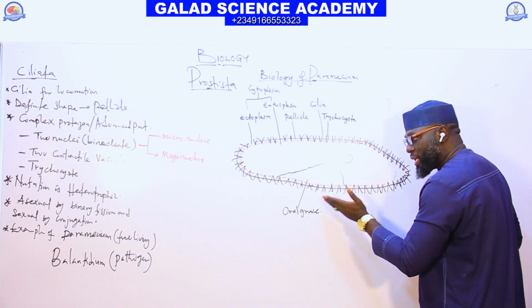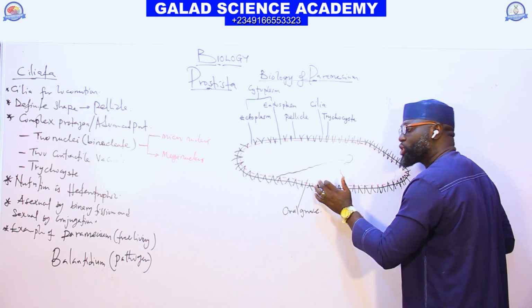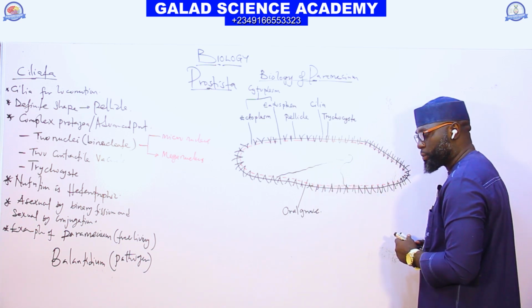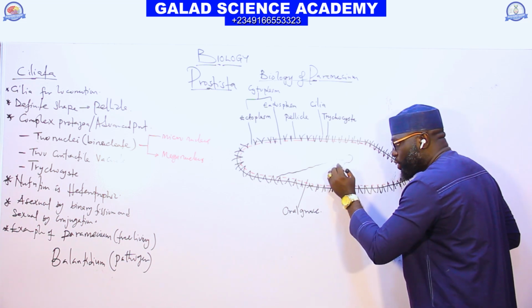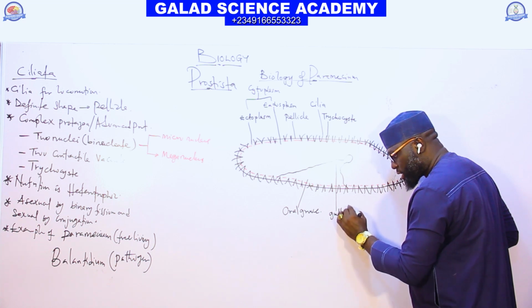It is an open space that allows the inflowing of water that contains food particles. And this place, we call it the cell mouth or gullet.